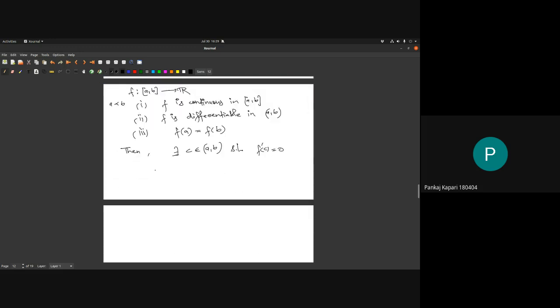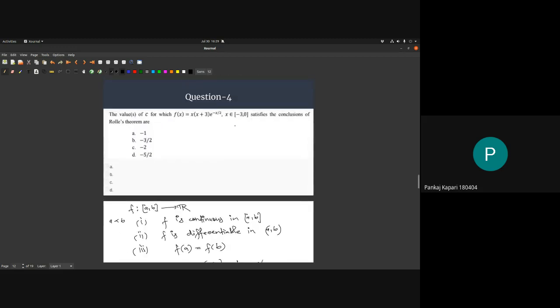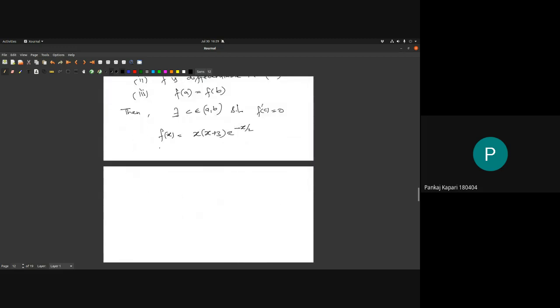Let's see. Our function is f(x) equal to x times (x plus 3) e to the power minus x by 2. So what is f(-3)? It is 0. What is f(0)? It is 0.